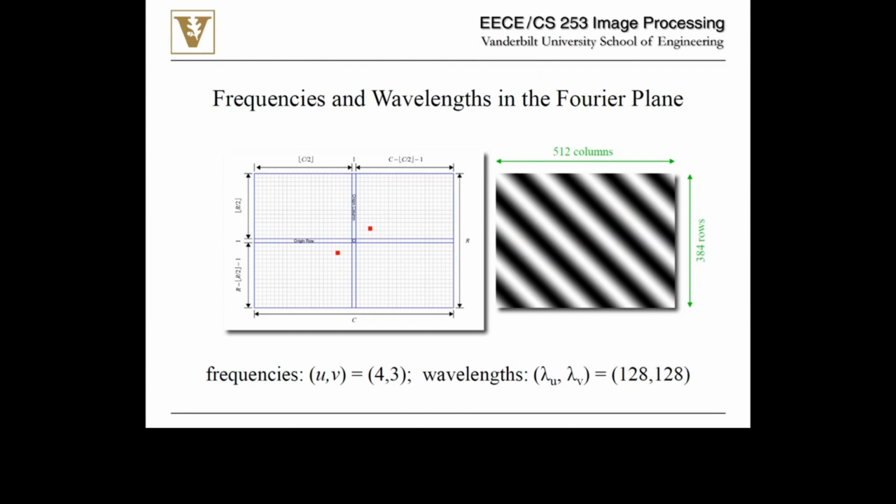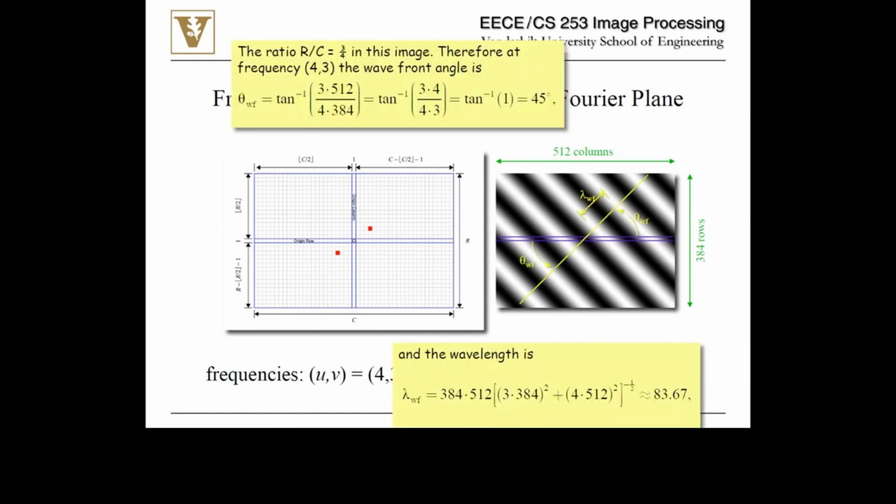You can compute what are the associated wavelengths in X and Y, but the wavelength in the direction of propagation, we have a different formula for that. And now it is much smaller. It is smaller. So from 128 to 80 something. So in this direction, we find the local minima and maxima much more frequently than in X and Y, and it makes sense.